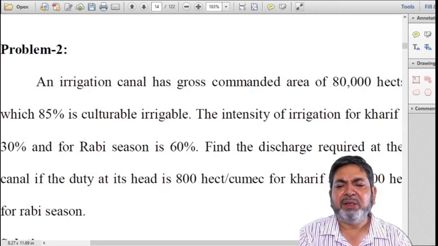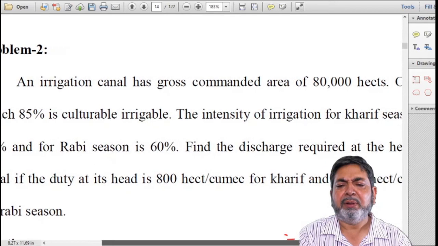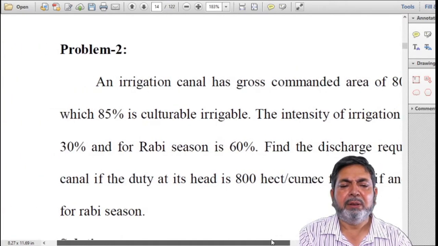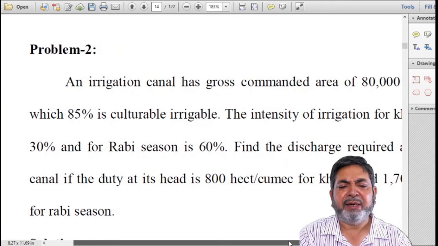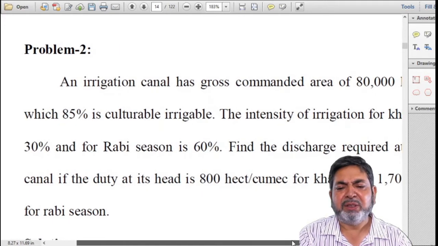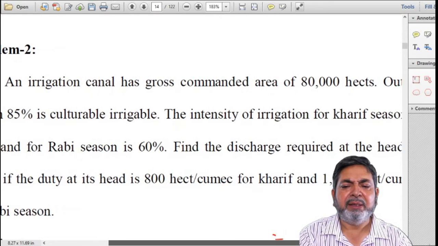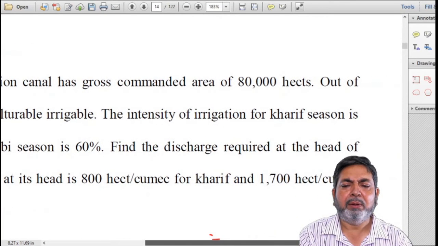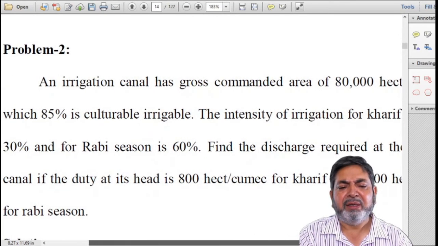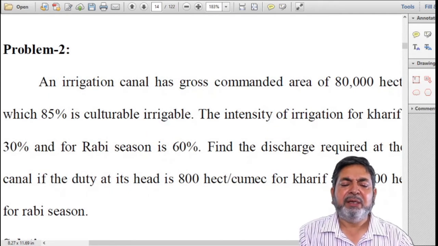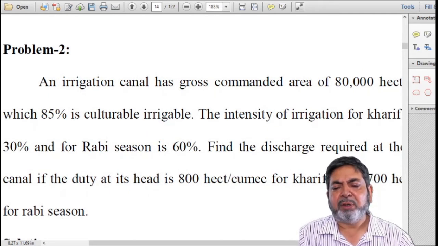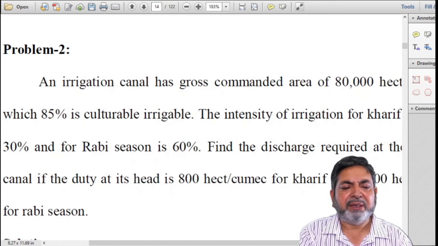The intensity of irrigation for Kharif season is 30% and for Rabi season is 60%. Find the discharge required at the head of canal if the duty at its head is 800 hectares per cumec for Kharif and 1007 hectares per cumec for Rabi season.